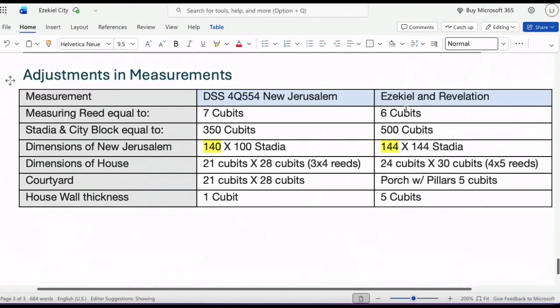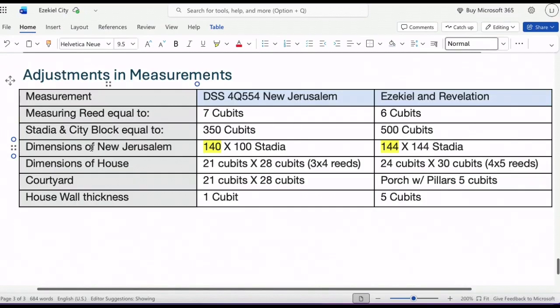So we're using the Ezekiel and Revelation measurements that are given to us. They're the sacred measurements. But at the time, they were using slightly different numbers for a measuring reed, and for a stadia, they had 350 cubits, and as we explained before, we have 500 cubits in ours.